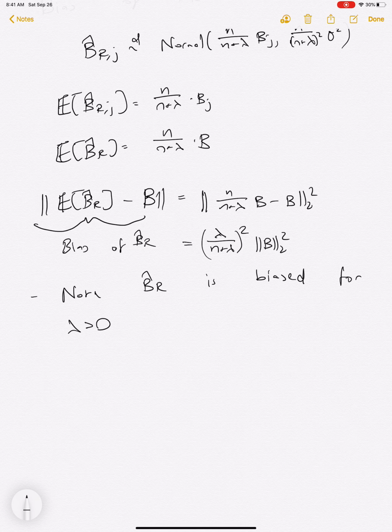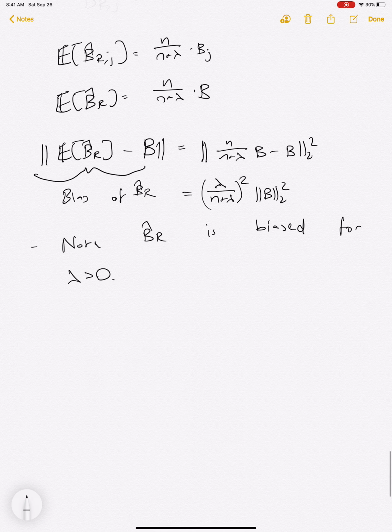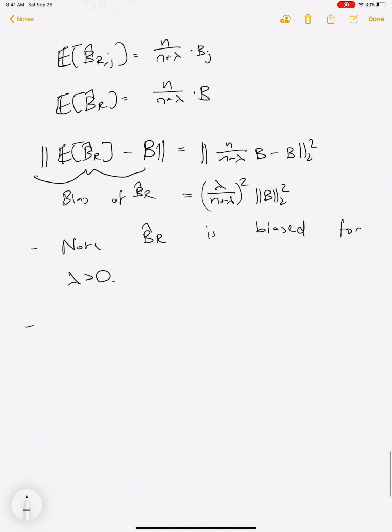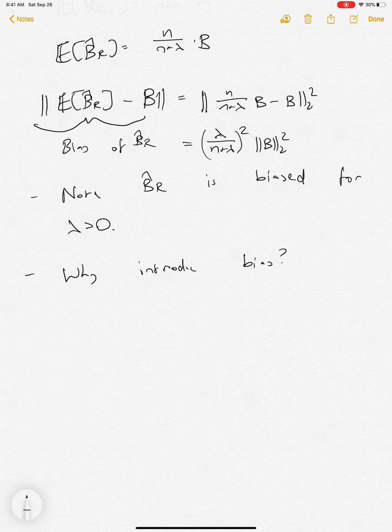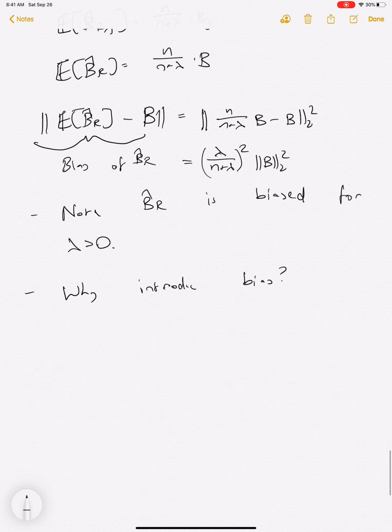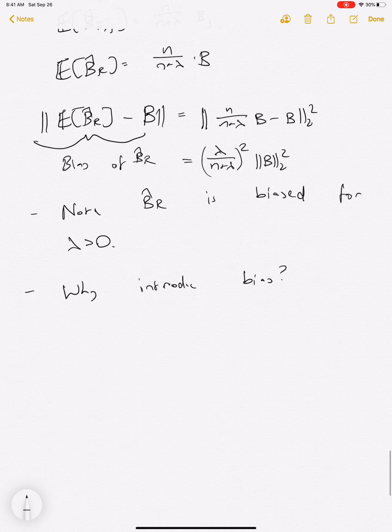The bias goes away to 0 because you go back to the least squares estimator when lambda is 0. But for lambda bigger than 0, this is biased. And so why introduce bias is the natural question. Hopefully there's some benefit in terms of the variance, and that's what we're going to get to here.